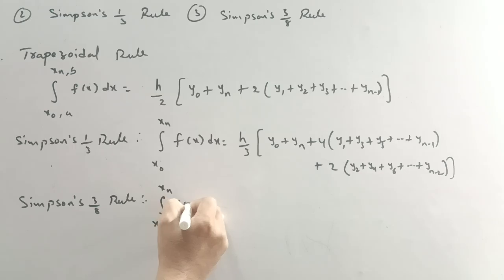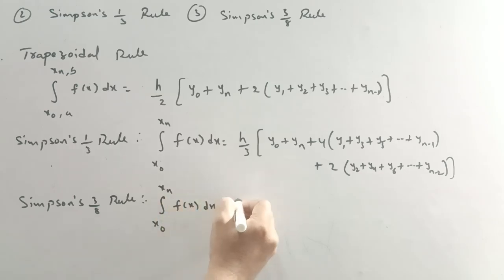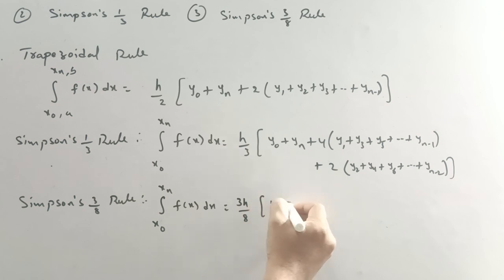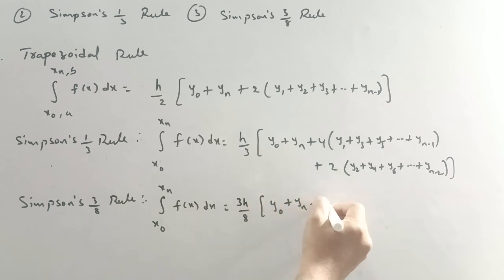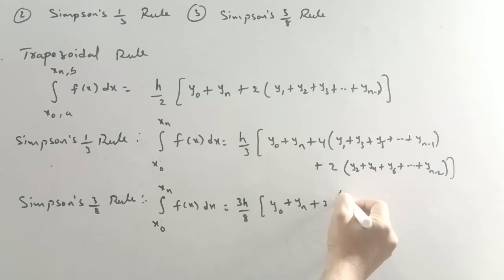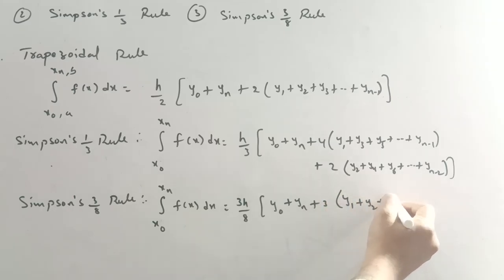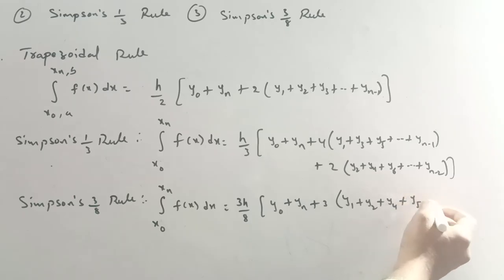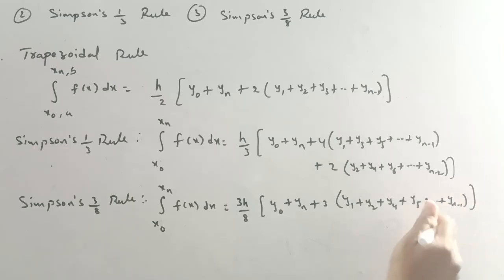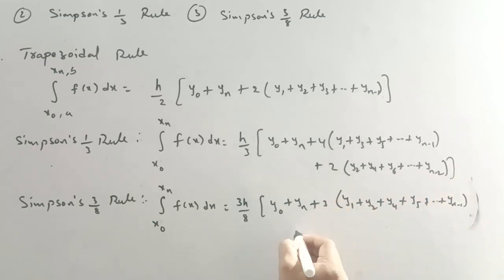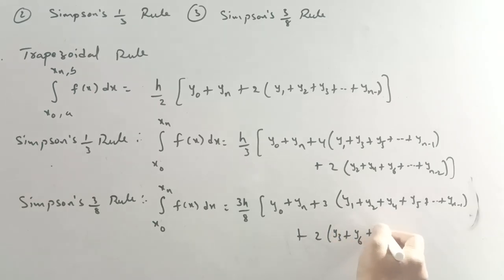The integral from x0 to xn of f of x dx is equal to 3h by 8 into y0 plus yn plus 3 into y1, y2, y4, y5 and so on up to yn minus 1, plus 2 into the multiples of 3: y3, y6, y9 and so on.